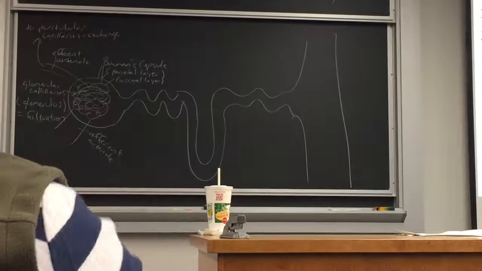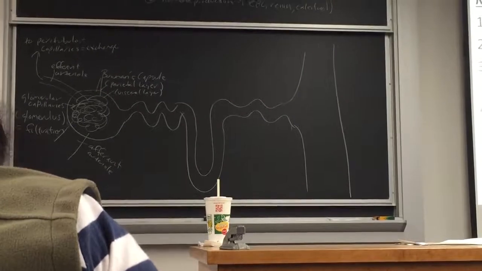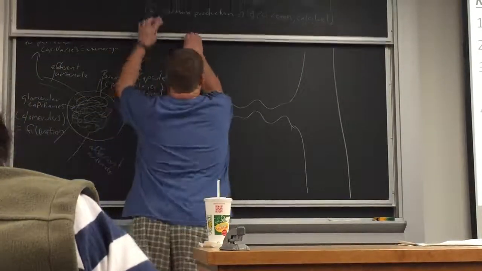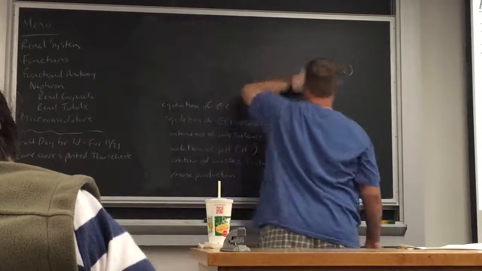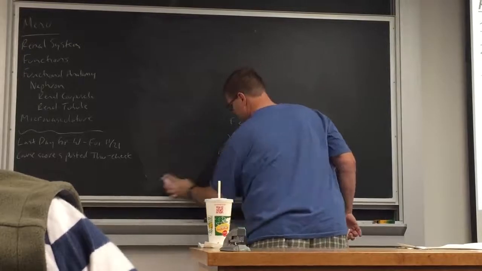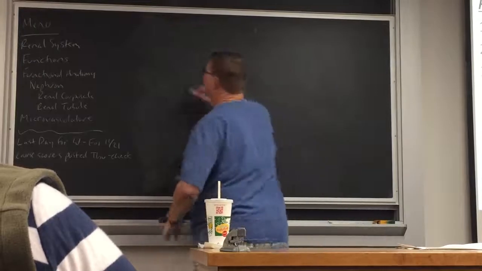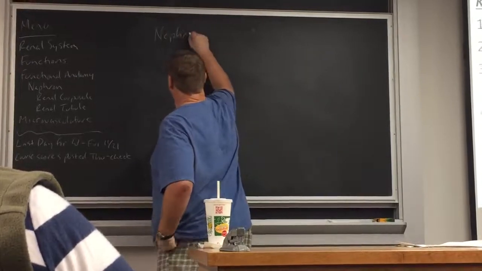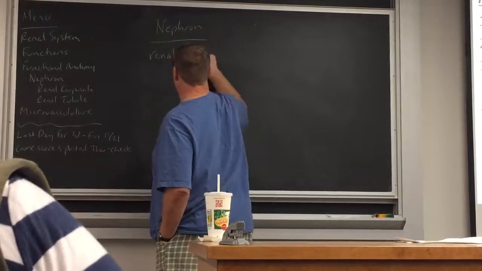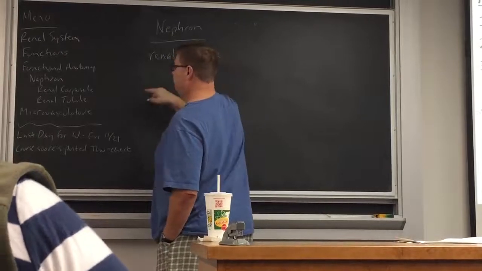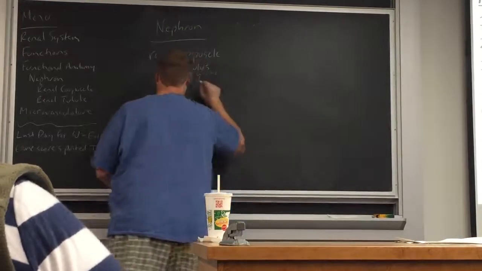Okay, so to make a quick summary, and I'll erase the top of the board and put it back up. The nephron is divided up into two structures basically, and the first structure is made up of what we call the renal corpuscle. And the renal corpuscle has two subparts, the glomerulus and Bowman's capsule.